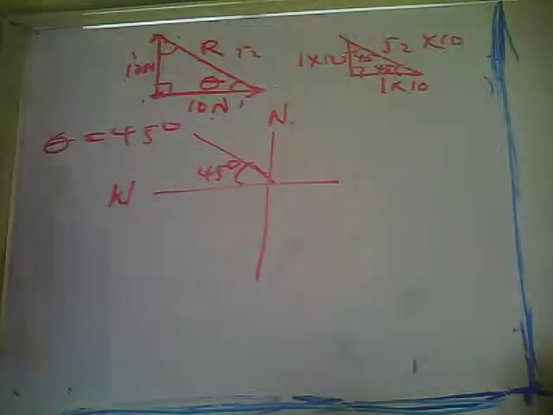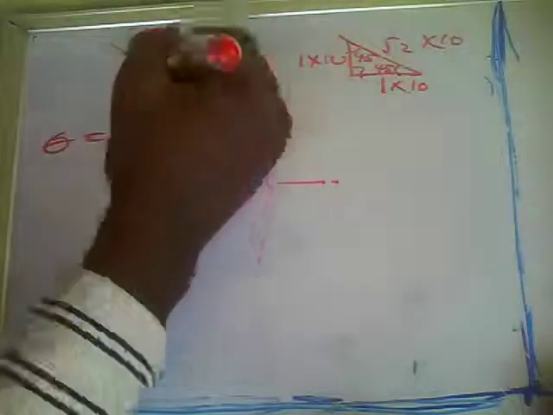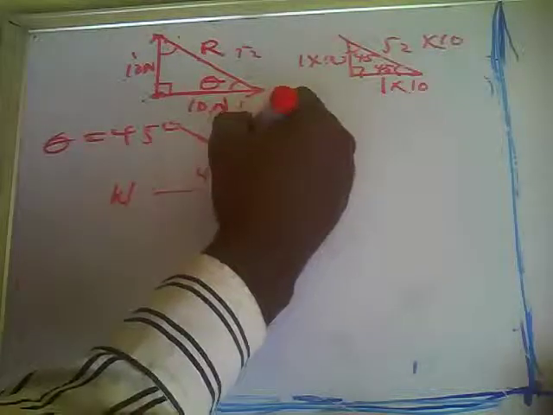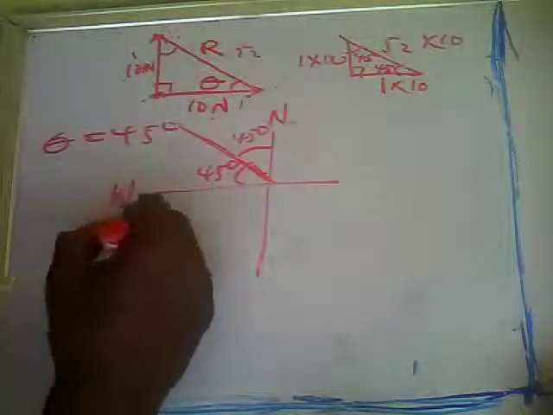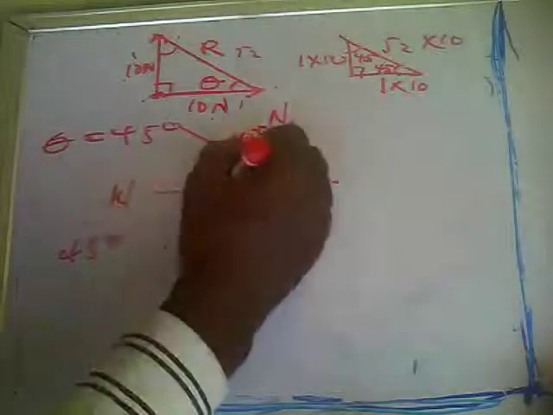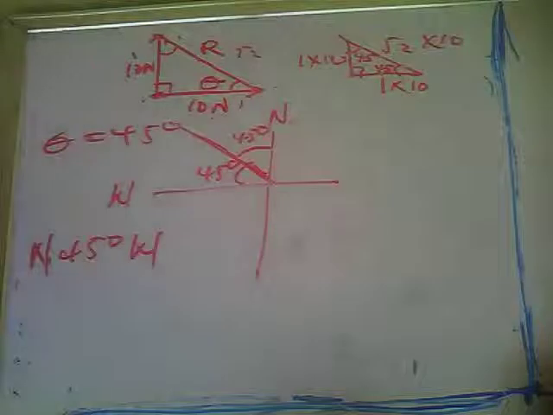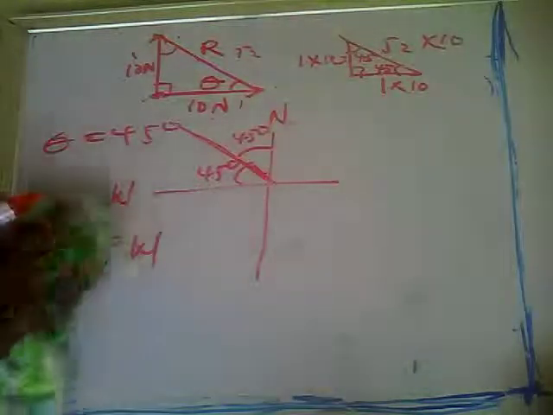So how do you measure this? This 45 degrees here is actually 45 degrees also. So we call this one 45 degrees west of north. You get it? So that is the resultant. The resultant is 45 degrees west of north.